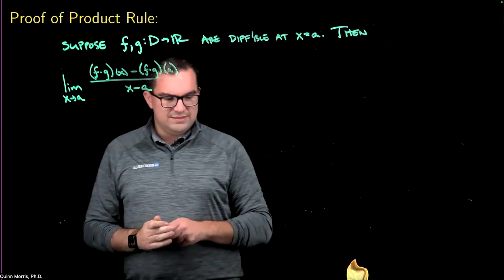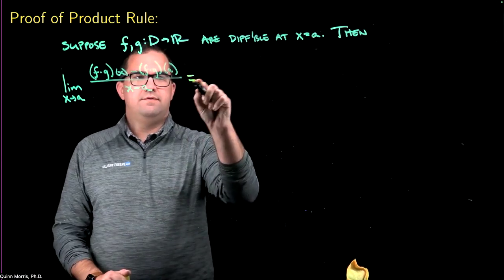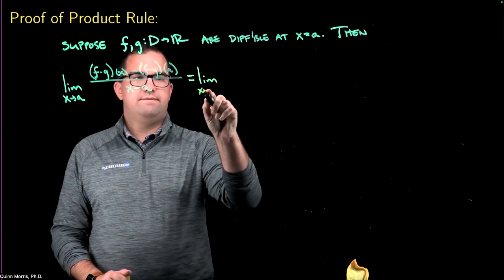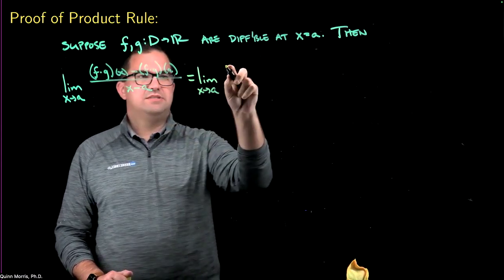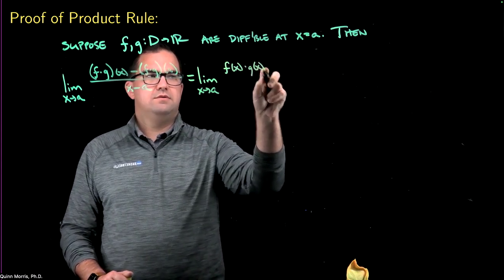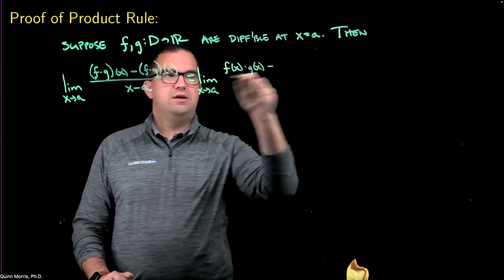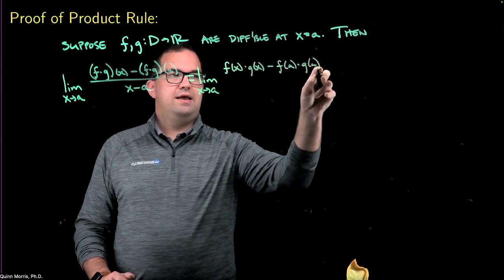Well, what is the function f times g? The function (f times g)(x) is just the function that returns f of x times g of x. Okay, and (f times g)(a) will be f of a times g of a.